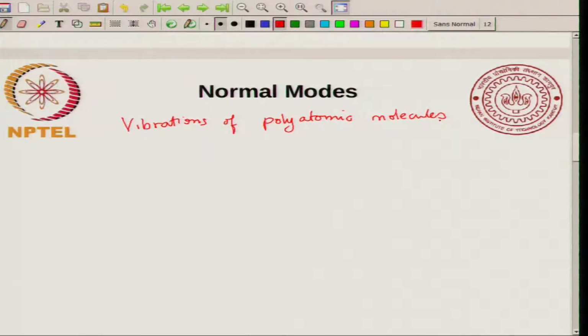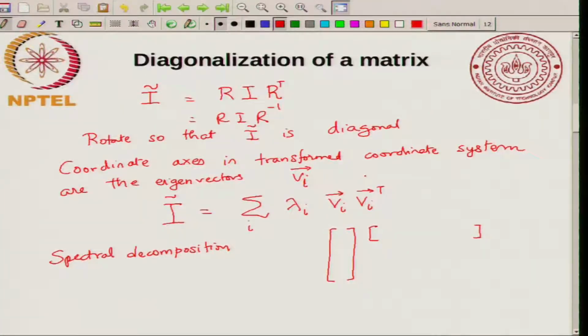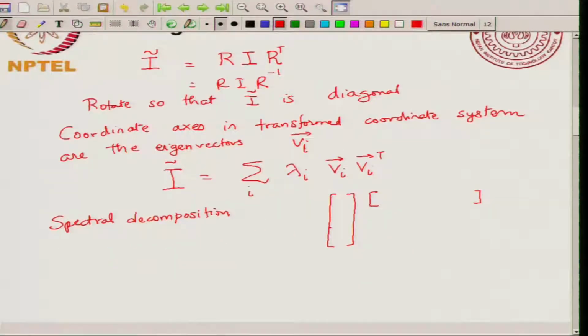So in some sense the eigenvectors for vibrations of polyatomic molecules are exactly the normal modes, just as what we saw in this case, that when you transform your moment of inertia into a diagonal matrix, then the rotational matrix becomes diagonal. I forgot to mention, but these directions are referred to as principal axis.